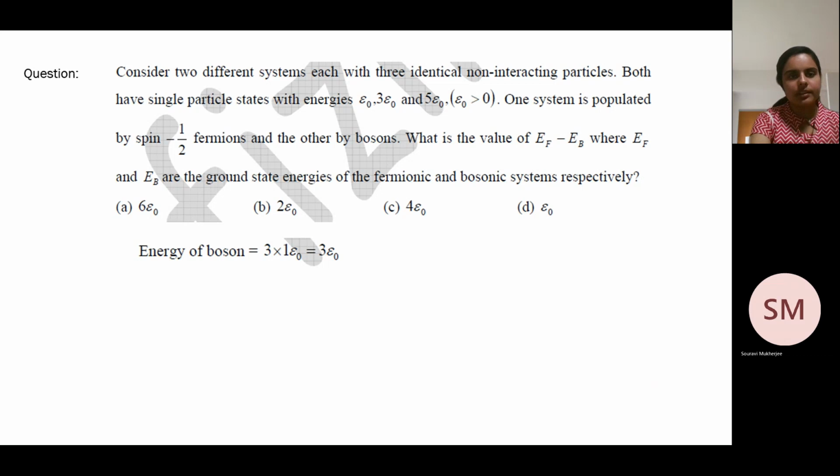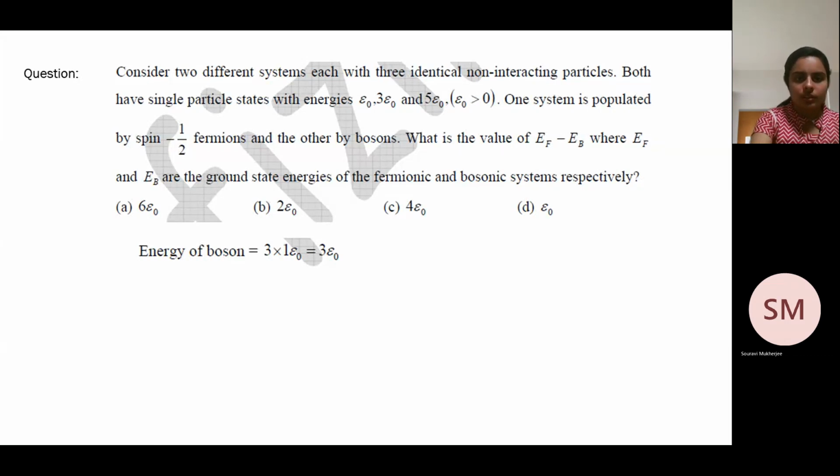Right. Now what happens for the fermions? Here you have to consider another thing, that these are spin half fermions. So depending on the spin, there is a degeneracy that comes in, and that degeneracy is given as 2s plus 1, right? Because if you think physically, if it is spin half, it can be either in the up state or the down state, and depending on that, you get a degeneracy in the microstate, right?